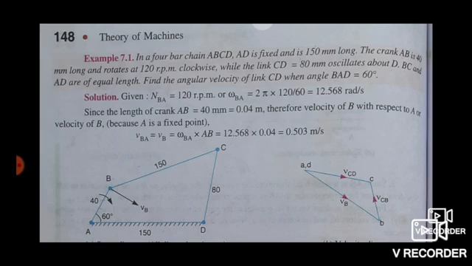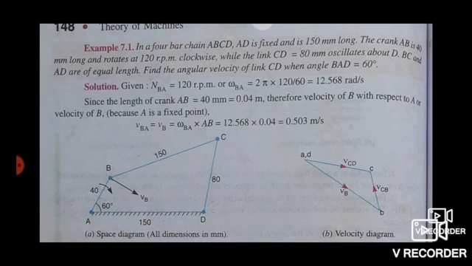So that is VBA equal to VB equal to omega BA into AB, that is 12.568 into 0.04. So this comes 0.503 meter per second is VBA.